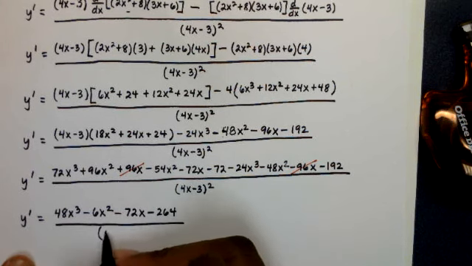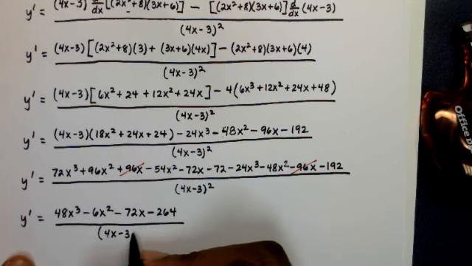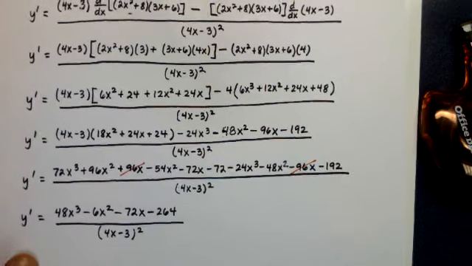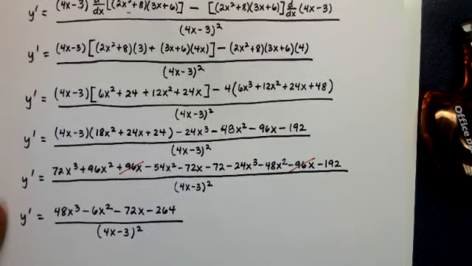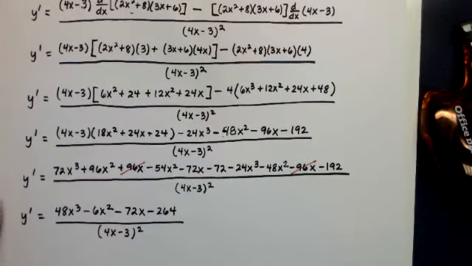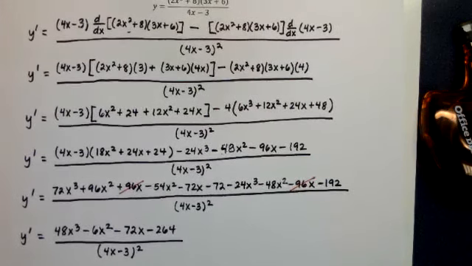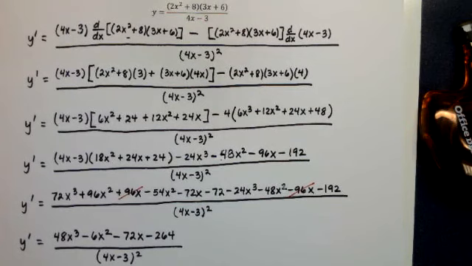Every bit of that will be divided by 4x minus 3 quantity squared. And I will go no further than that. So the derivative here will be 48x cubed minus 6x squared minus 72x minus 264, all divided by 4x minus 3 quantity squared.